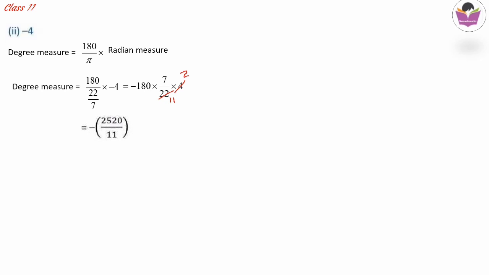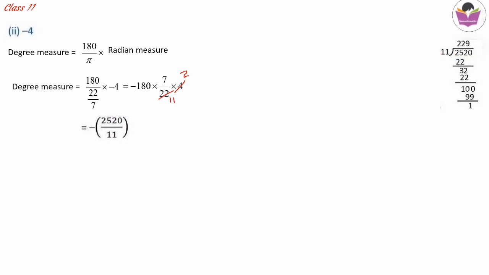When we multiply minus 180 into 14, 180 into 14 is 2520. Denominator is having only 11. Just multiply 180 into 14 and check whether this answer comes or not. Simply don't copy from this slide. That is equal to, go for division, 2520 divided by 11.